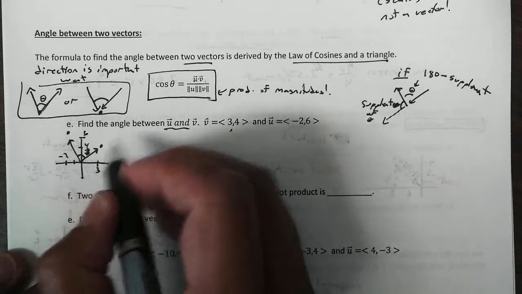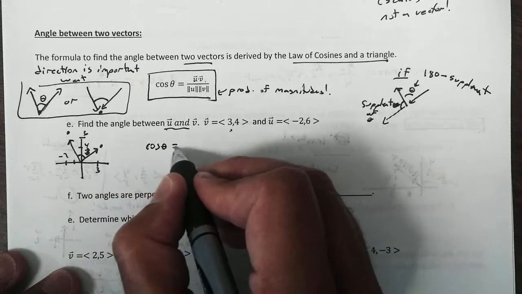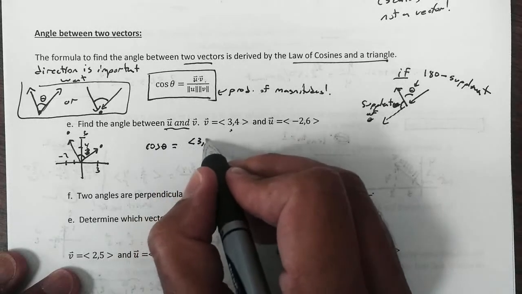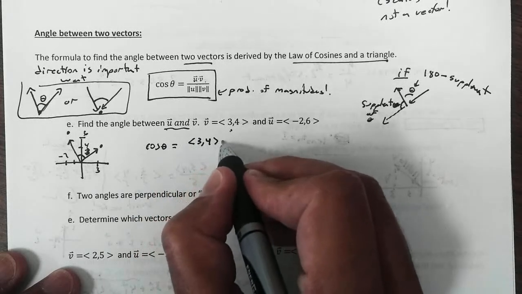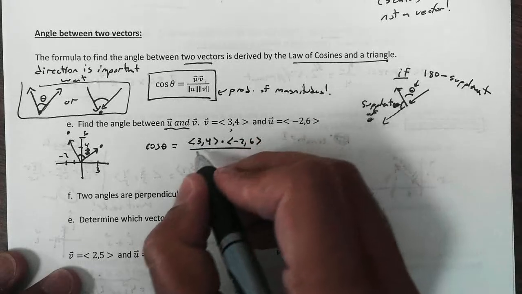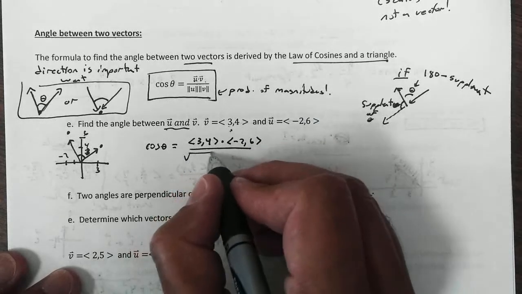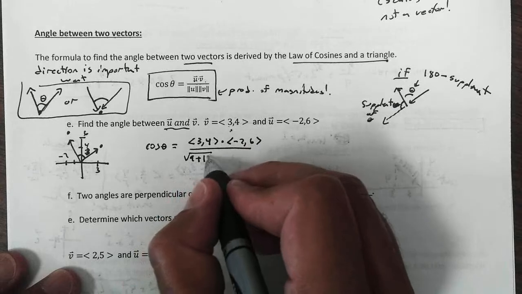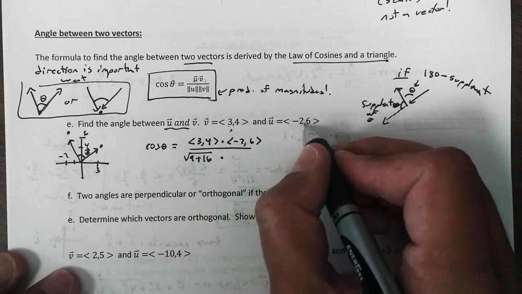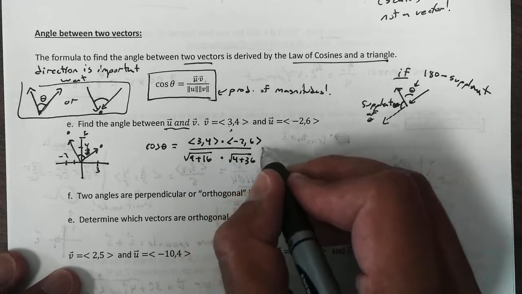I want. So to find my angle, I'm just going to take the cosine of theta equals the dot product of u and v, 3, 4, dot that with negative 2, 6, and then I divide by their magnitude. Well, the magnitude of the first one is going to be root of 9 plus 16 times the magnitude of negative 2, 6, that's going to become root of 4 plus 36.